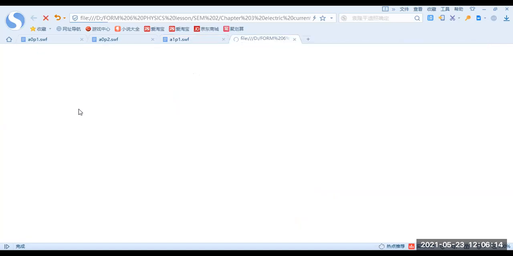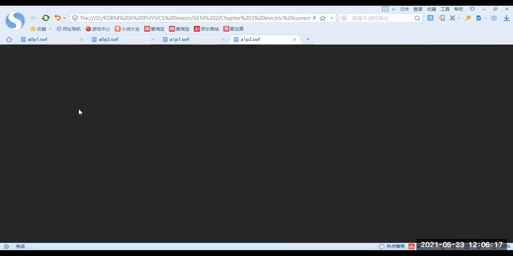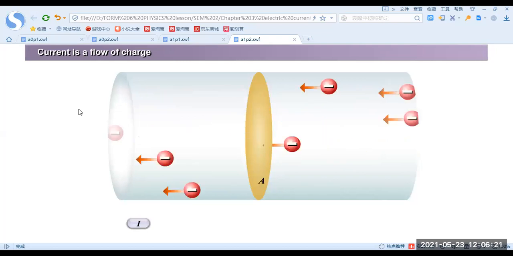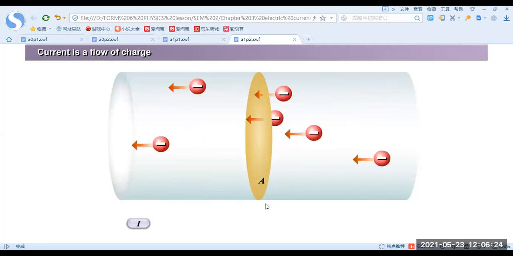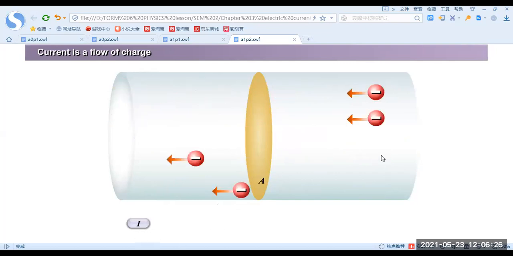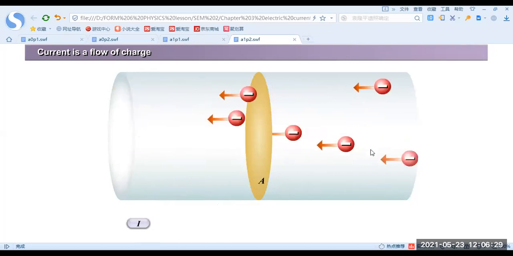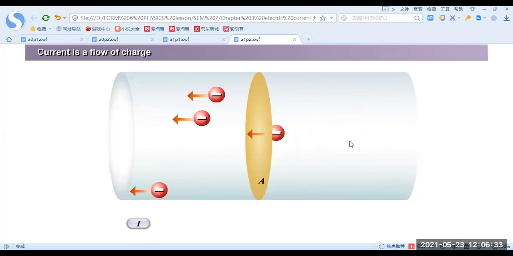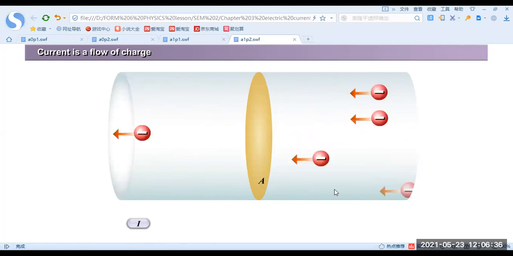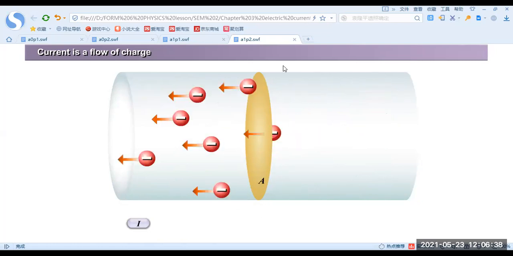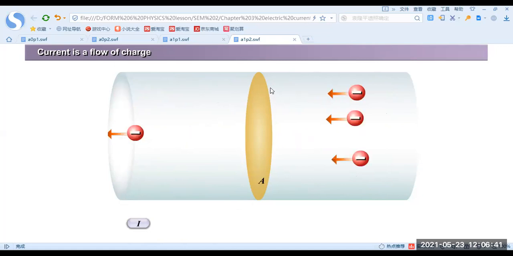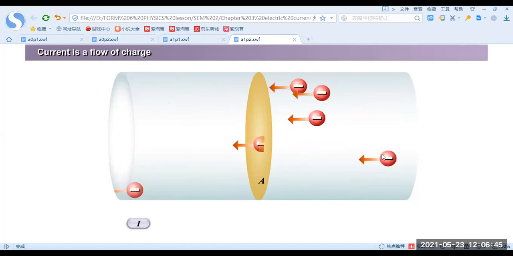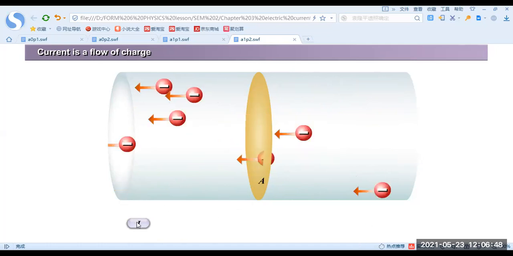In the previous lesson, we learned that Q is equal to It. When the charge flows, we notice that the electron is a type of negative charge. Once the negative charge moves in a conductor, let's say a conductor with a cross-sectional area of A, the charge flows from right to left.